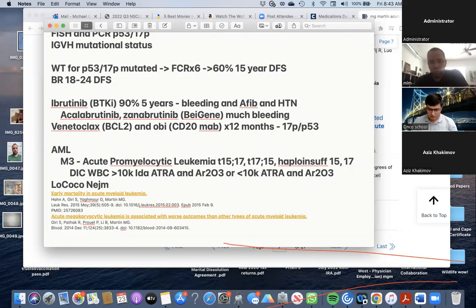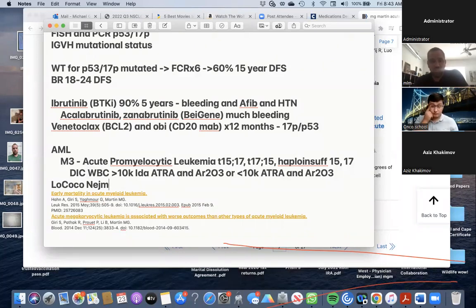The only people who don't go into remission and are cured are people who have other comorbidities that preclude you from treating them, such as bad renal insufficiency, because arsenic is renally cleared and you cannot give it to them. But other than that, everyone should essentially be cured from APL.